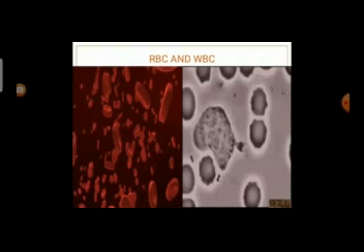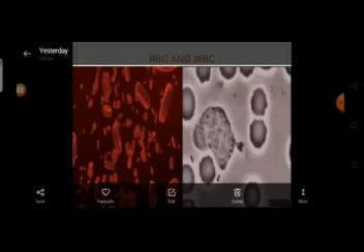RBC and WBC. RBC, red blood corpuscles, are called erythrocytes. The red blood corpuscles are circular, biconcave. They contain a respiratory pigment called hemoglobin, which is involved in the transport of oxygen to tissues.